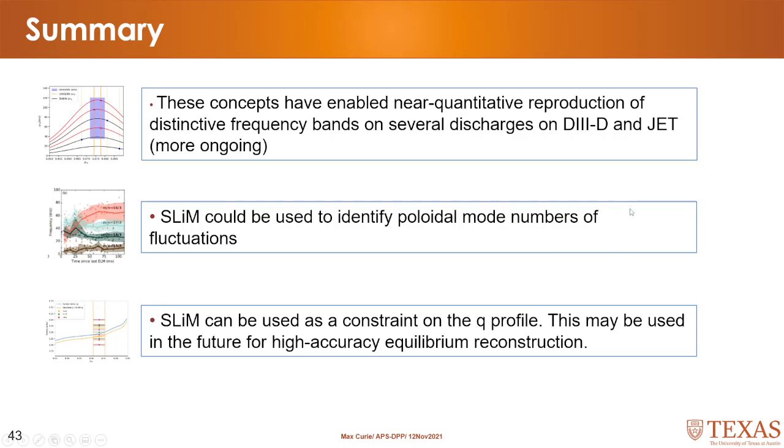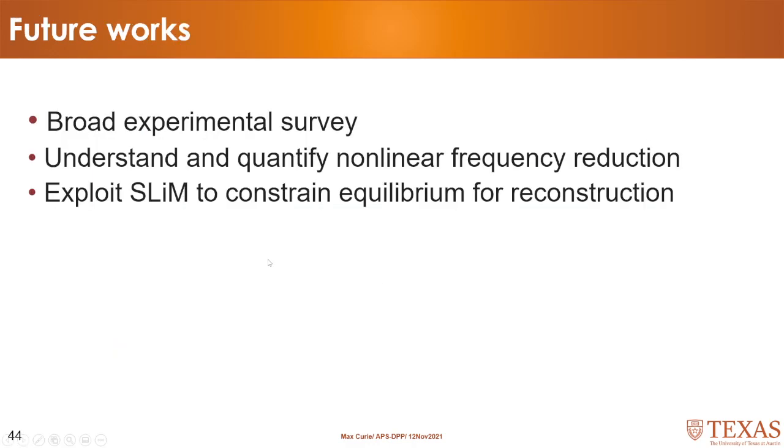It can also be used to constrain the Q profile in order to have a higher accuracy equilibrium reconstruction. In the future, we would like to study more experimental discharges. We would like to understand and quantify the nonlinear frequency reduction, and we will exploit the SLiM model to constrain the equilibrium reconstruction.